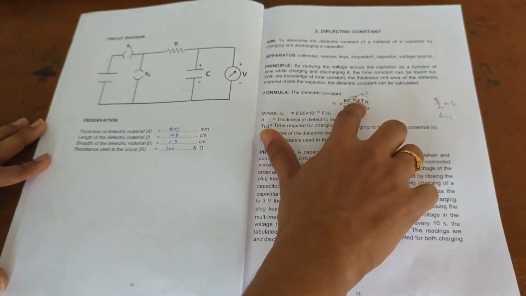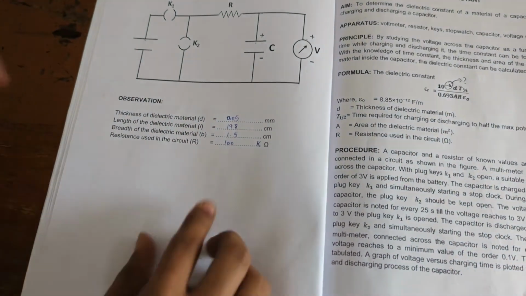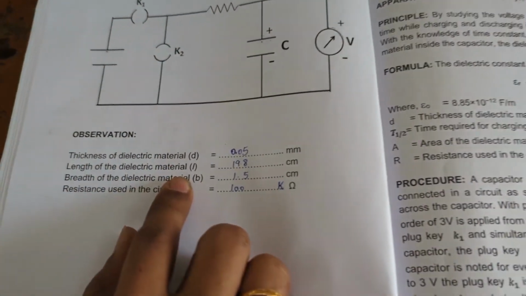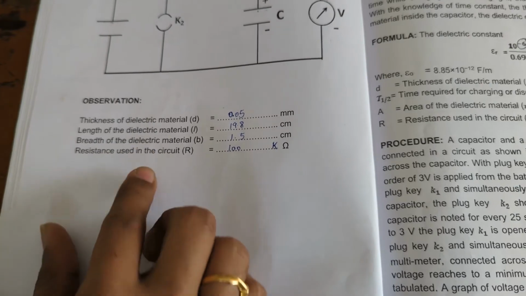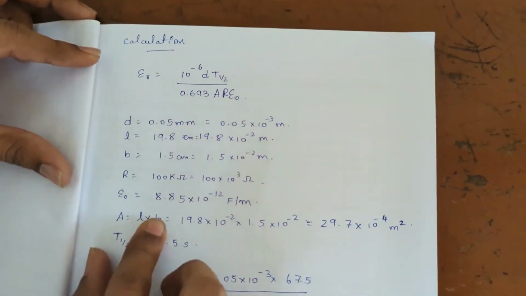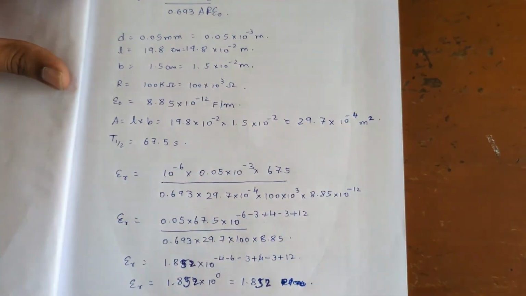These values D, A, R will be given to you on the board, which you have to note down. A would not be given; instead they would give you the length and breadth of the dielectric medium. You can calculate it using the area formula and substitute the values in the given formula.